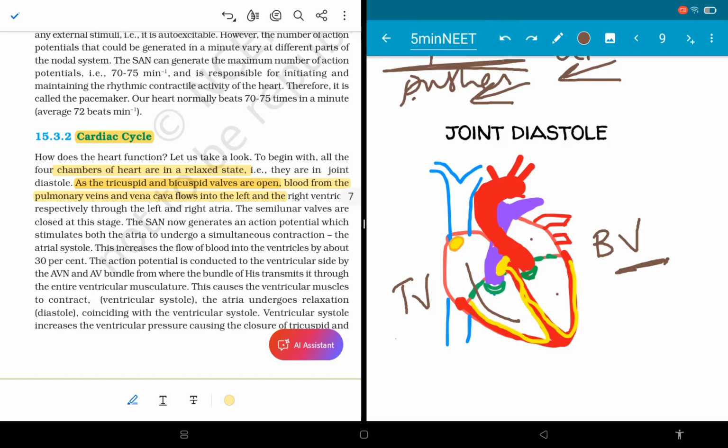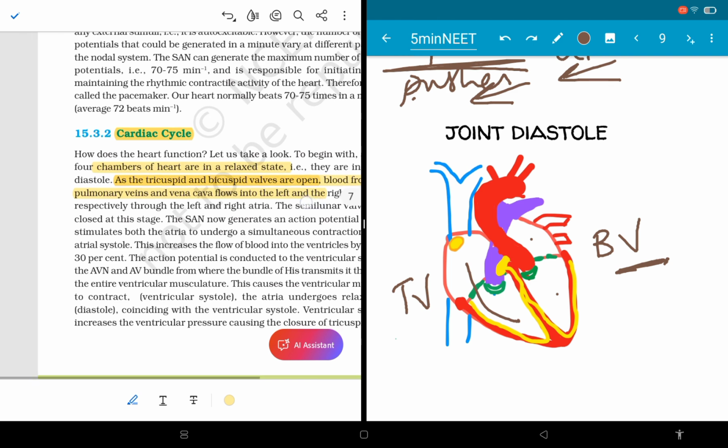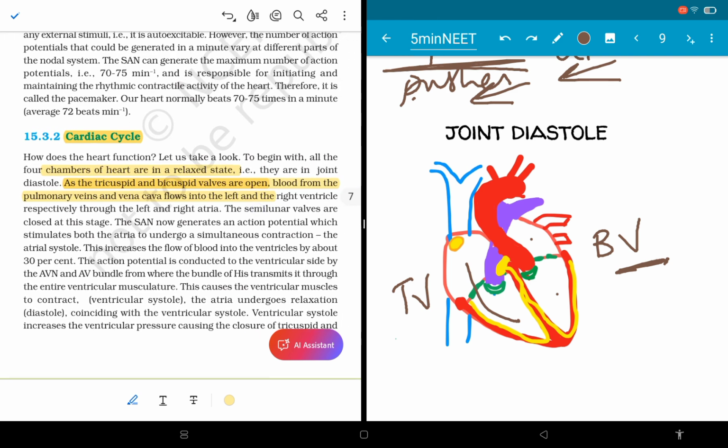So let us move to the part of the cardiac cycle. In this stage, when both the valves are open, blood from the pulmonary veins and vena cava flows into the left and right ventricle respectively through the left and the right atria. So when your valves are open in joint diastole, as I said, diastole is the relaxed state, it receives blood.